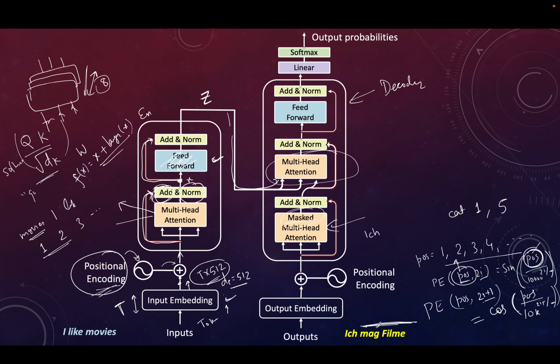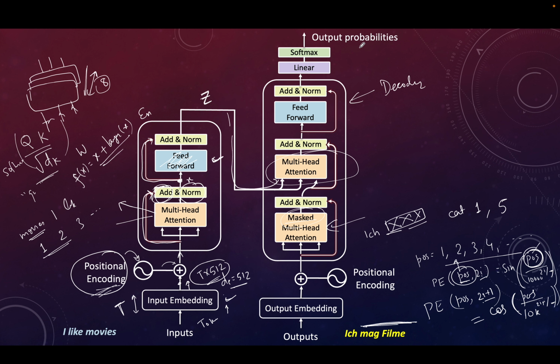Because if we don't mask it, then the model actually knows the answer. So it's kind of cheating with the model. So we mask these things. Every other word will be masked.